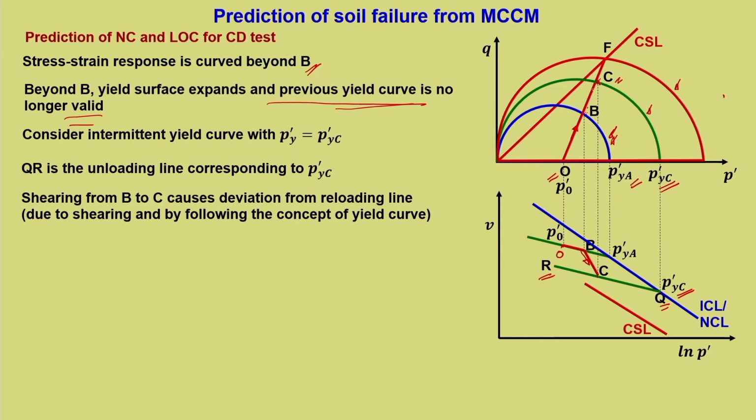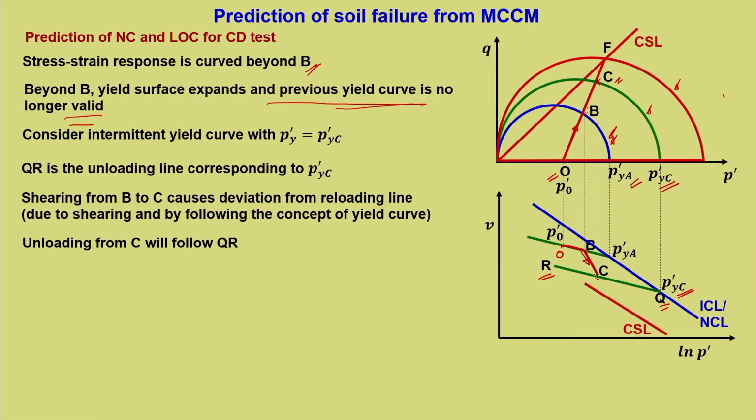Now, let us say that the stress path has reached up to point C and it is at point C right now. So, that particular point defines a new yield limit and that is what is shown here at the point C, that is QR is the new elastic response for this particular soil corresponding to point C. So, when it deviates it has come to point C, now it is at this particular point.